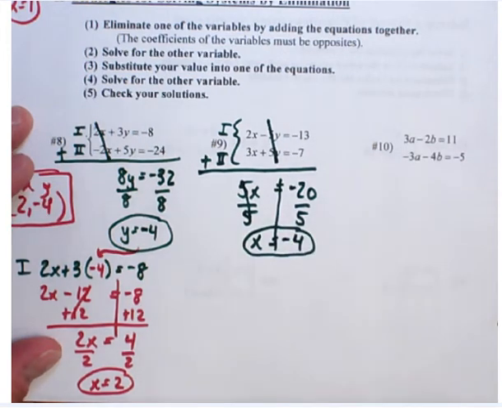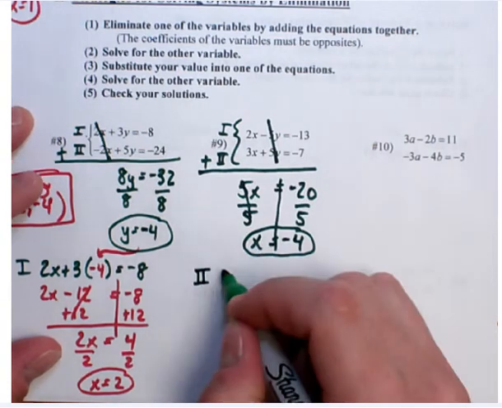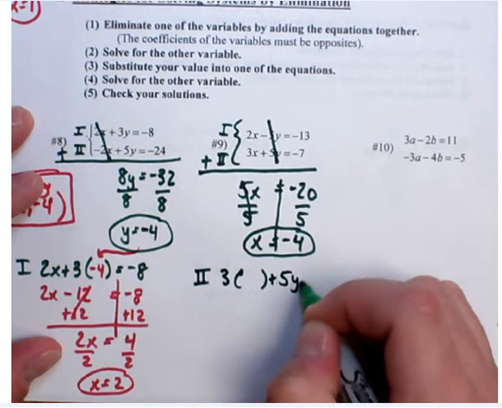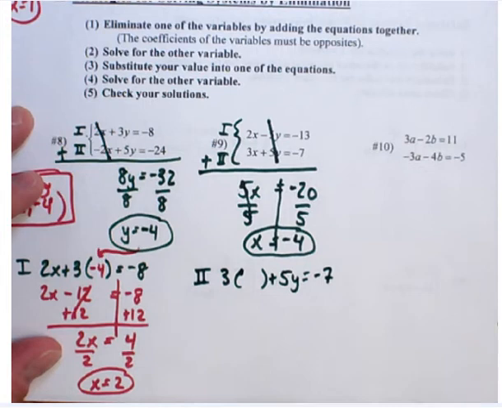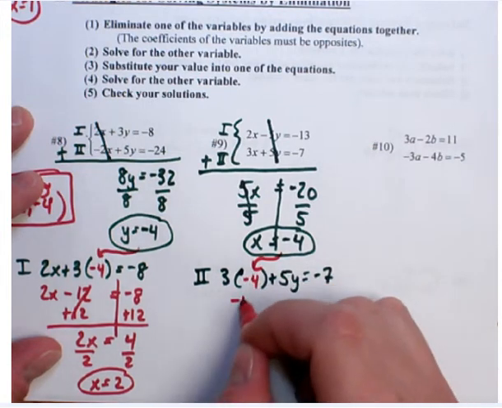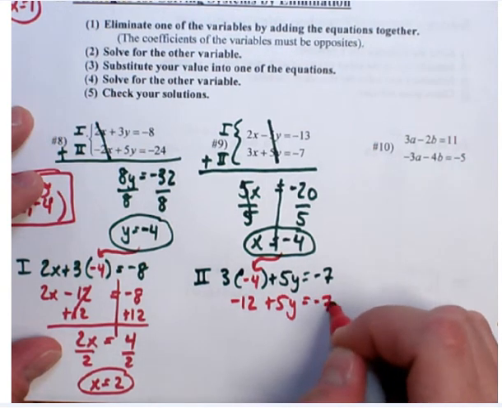So negative 4 is our first answer. We need to figure out the y value. Let's take the second equation this time. 3x plus 5y equals negative 7. Now what was the answer for x? It was negative 4. So we get negative 12. Multiply that. Plus 5y equals negative 7.